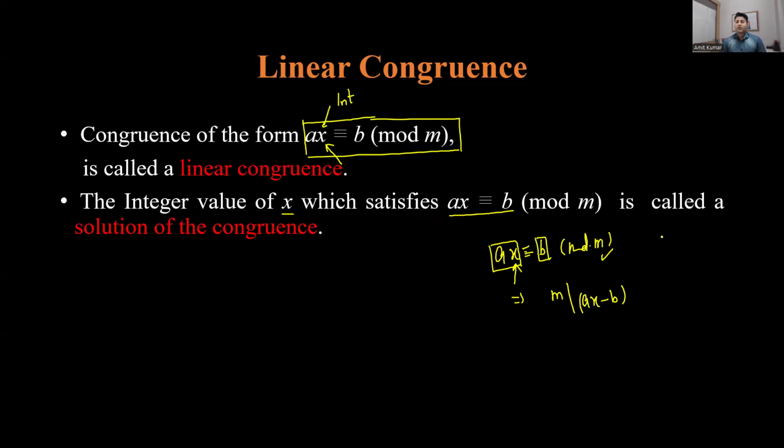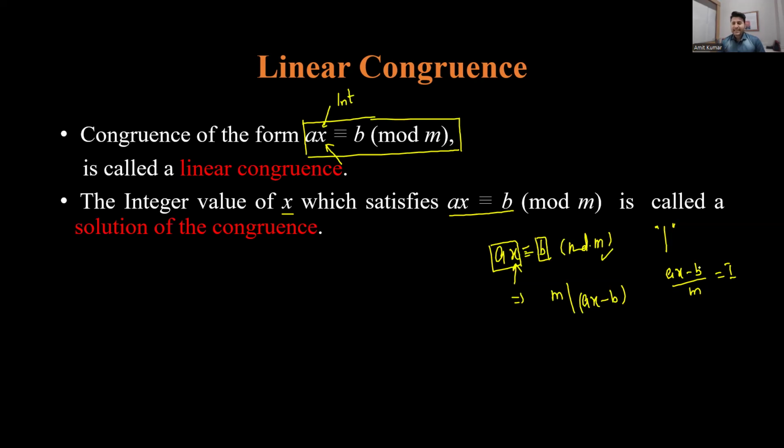This is not a division; this is used for the sign of divisibility, a vertical line. So we will say this equation is satisfied if m divides ax minus b, which is the same thing as ax minus b upon m gives you some integer.